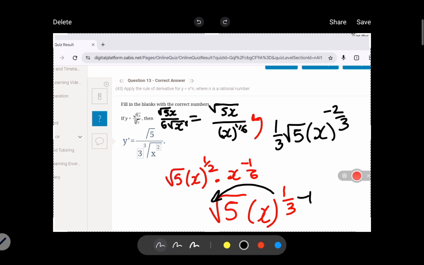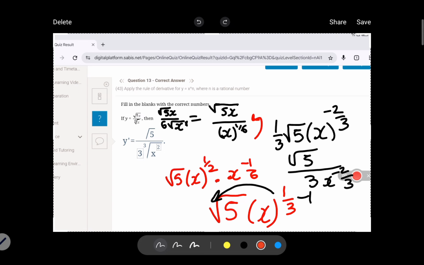We can't have a negative, so we have to move it down. So it will be radical 5 over 3 x negative 2 over 3. You move this down with the x, of course, because it's with it. And this is basically like a fraction, so just put it over 3.